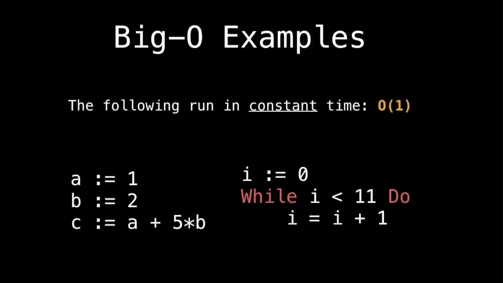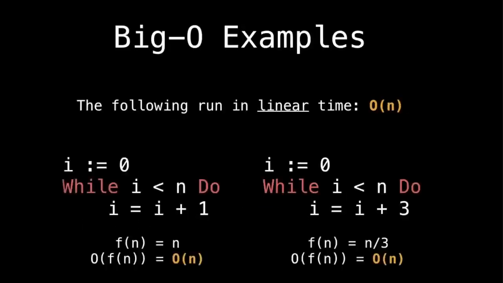And on the right, okay, we're doing a loop, but the loop itself doesn't depend on n, so it runs also in a constant amount of time. So as our input size gets arbitrarily large, well, that loop is still going to run in the same amount of time, regardless.